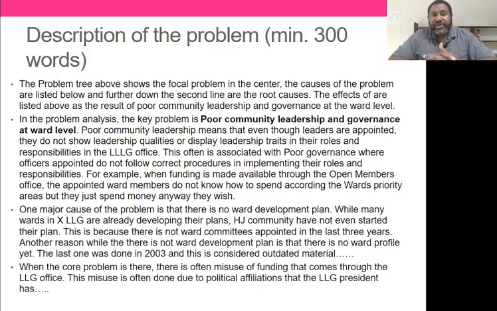When you're doing a description of the problem, it is a minimum of 300 words, and going up. When you submit your write-up to me, the most important thing is that you explain what the problem is, what its causes are, and what its effects are. That's the thing you write up in the problem analysis.